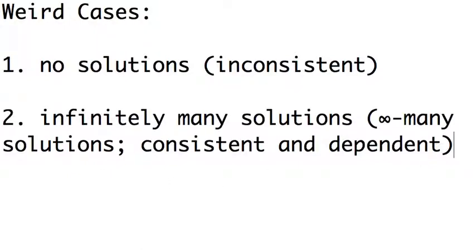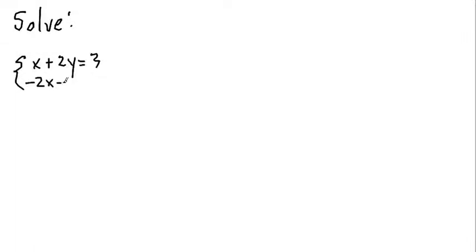So let's do an example first where there are no solutions. So select my paintbrush and let's try to solve, say, x plus 2y is equal to 3, and let's say negative 2x minus 4y is equal to 5.